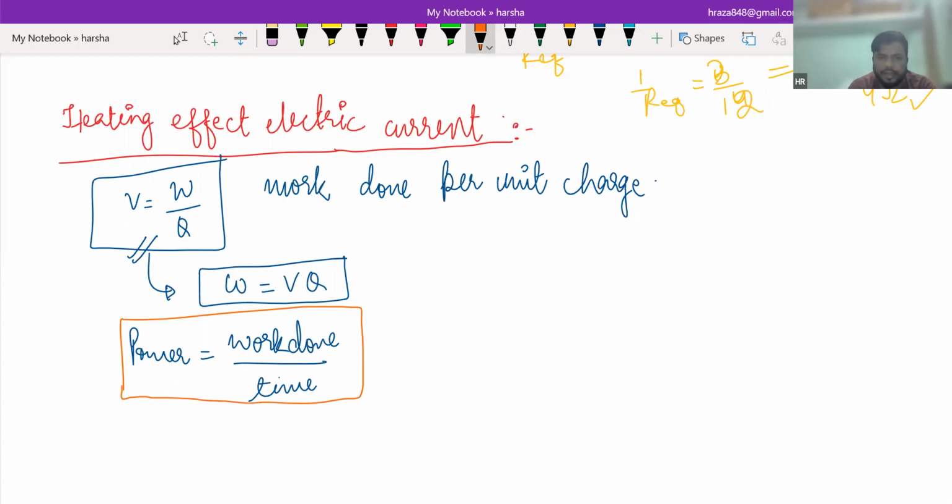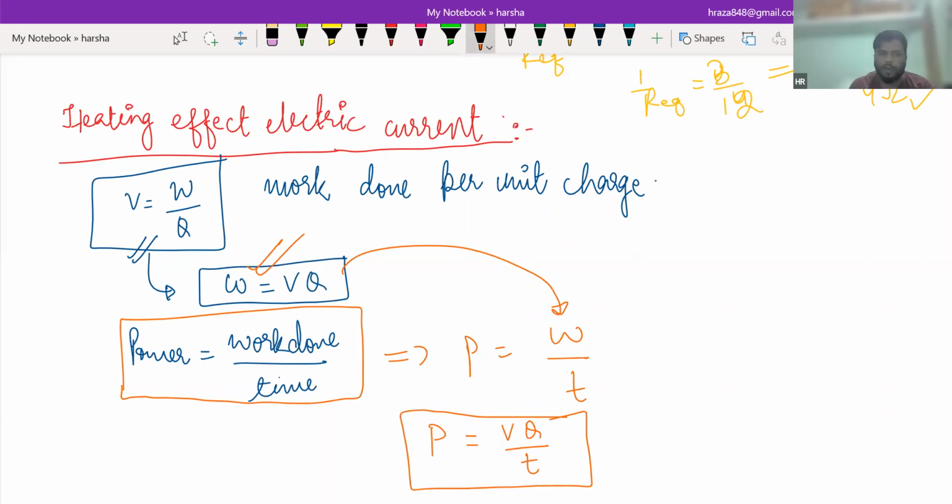So from here, I can easily write power is equal to W upon T. And you can see W is equal to V into Q, so I'm going to put this formula. P is equal to V into Q by T. Can I write this?